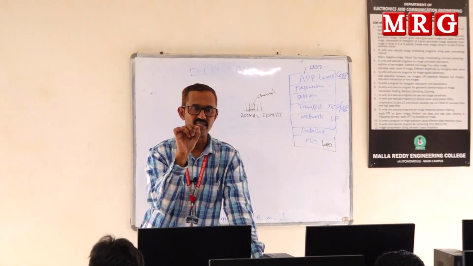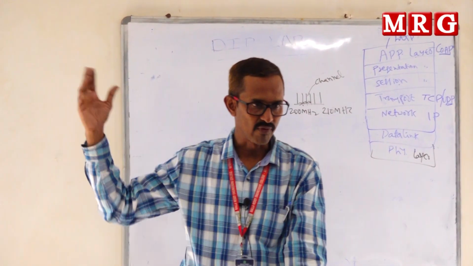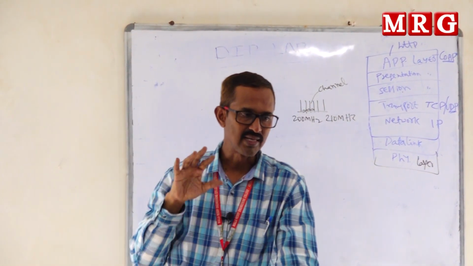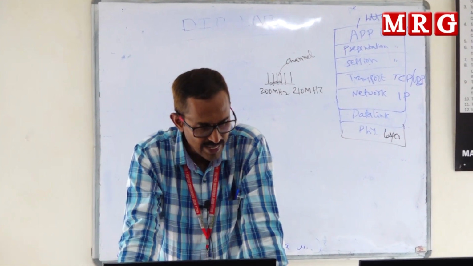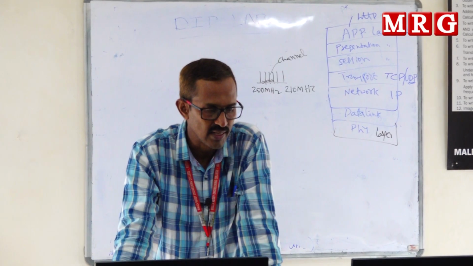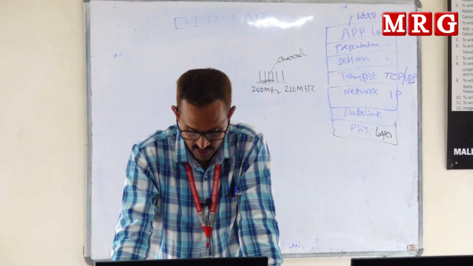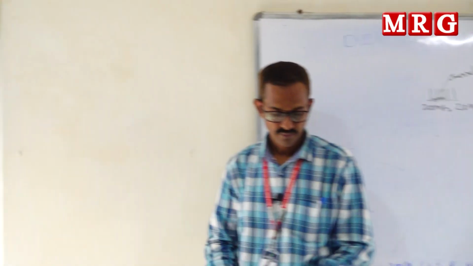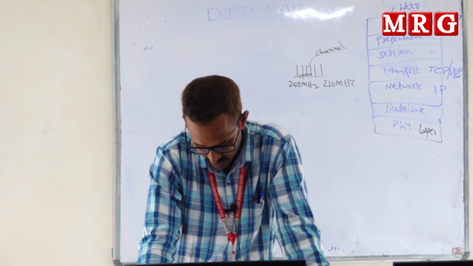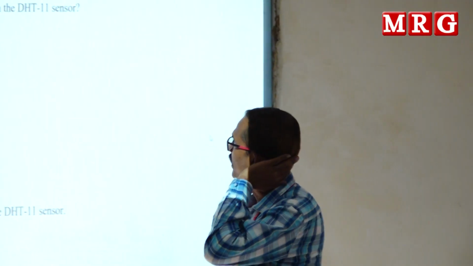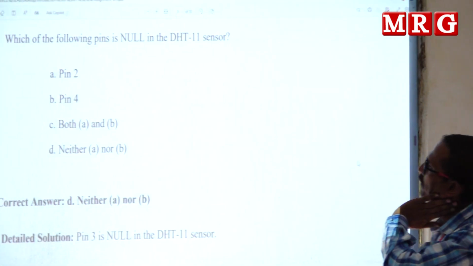Normally we give a 5 volt supply, VCC, because the sensor requires it. Second is the data, the sensor data comes out from the second pin, third is null, fourth is ground. So the question is asking what the third pin is.